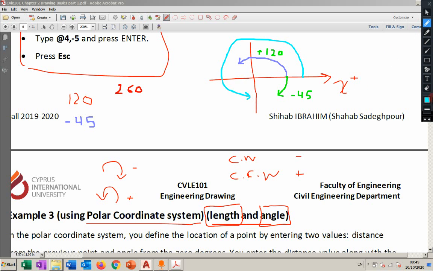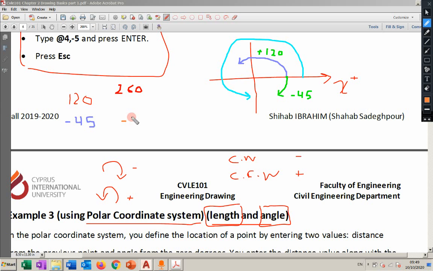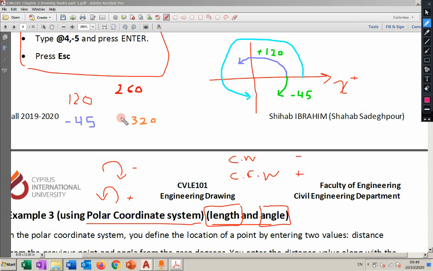Another example. I mean, it's clear, but let's give another example. Let's say we have minus 320. Minus 320. Now the minus tells AutoCAD it is clockwise.